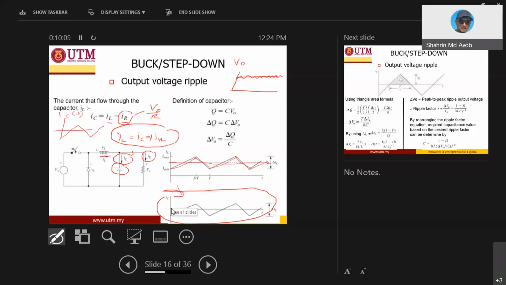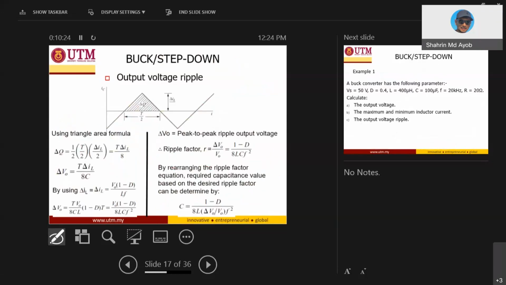Okay, from that current IC that we have obtained, we need to compute the area of this triangle here. The area under this current IC is actually the charge, the amount of charge in the capacitor.